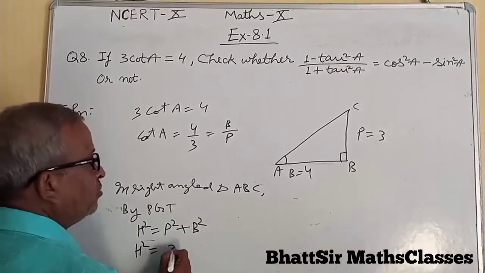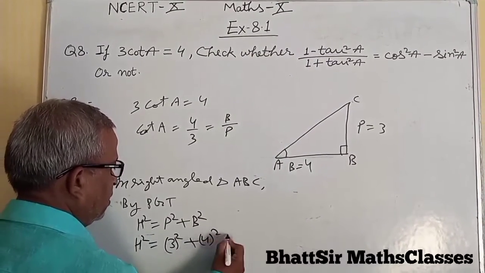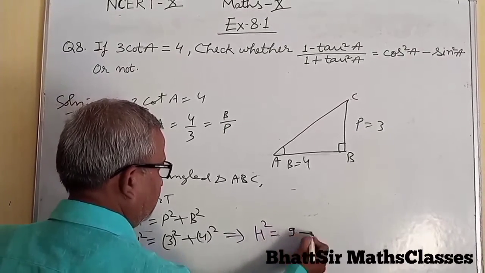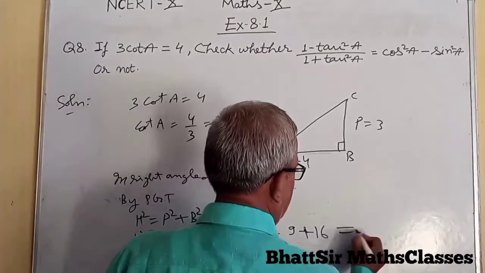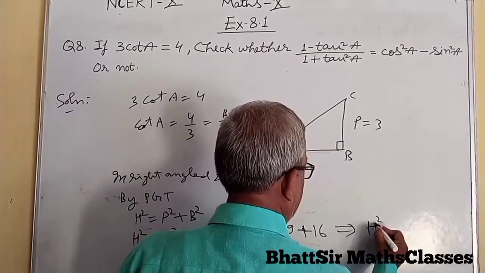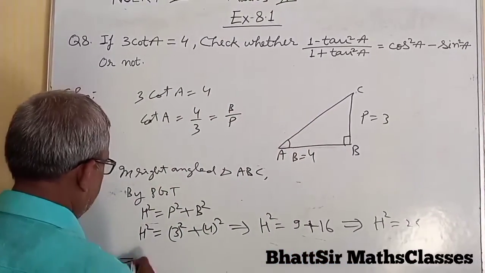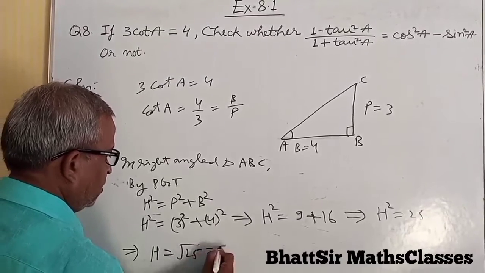H square equal to 3 square plus 4 square. Implies that H square equal to 9 plus 16. Implies that H square equal to 25. Implies that H equal to under root 25 equal to 5.